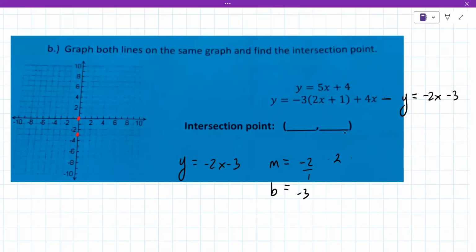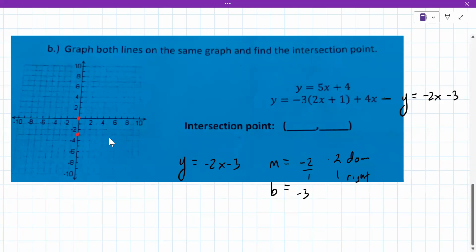So this is 2 down, 1 right. Why did you put one of the points at 0, 0? I'm just showing the origin. I was going down from the origin.